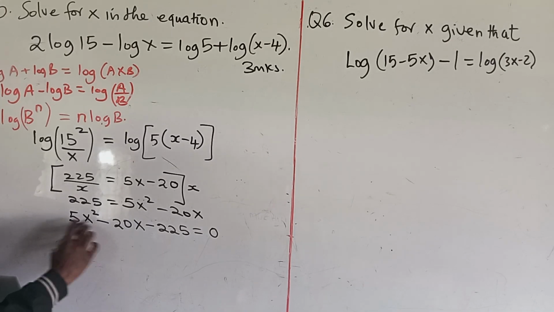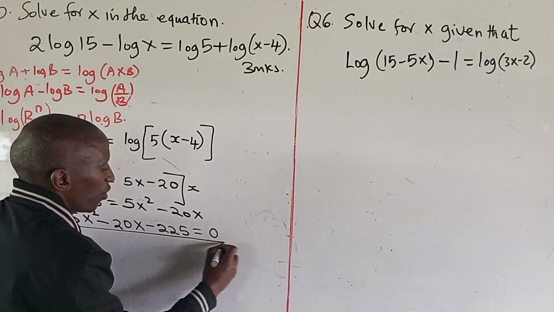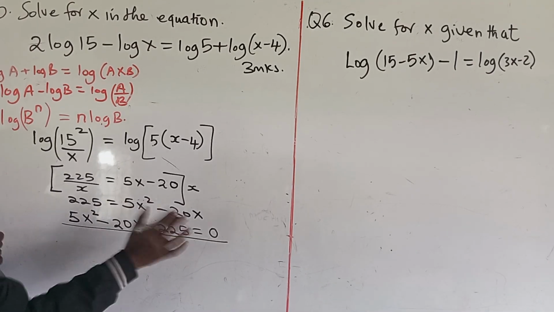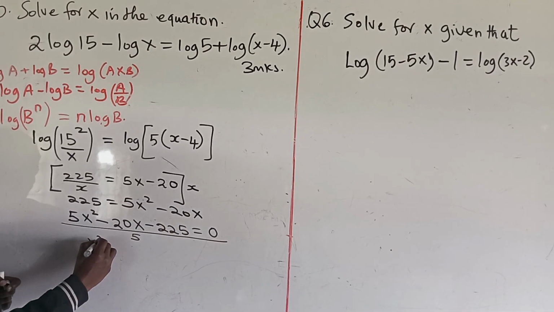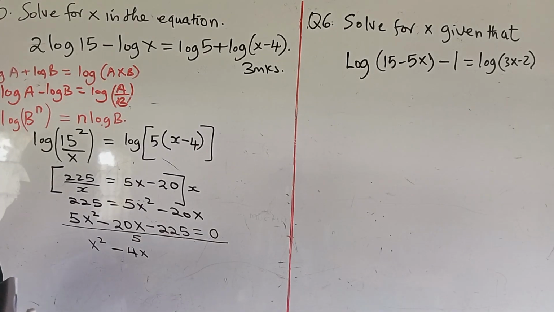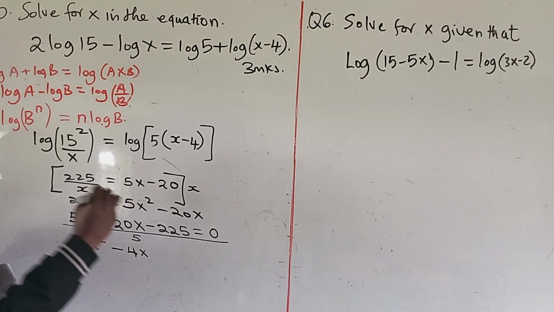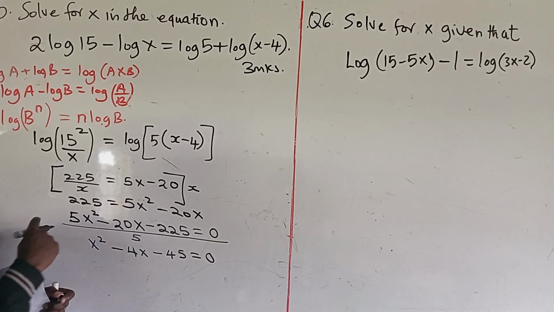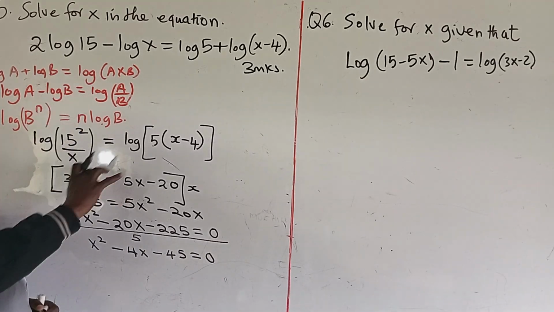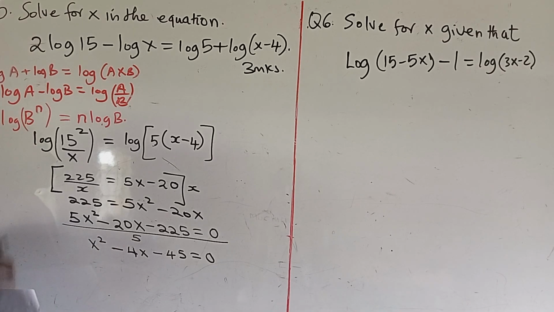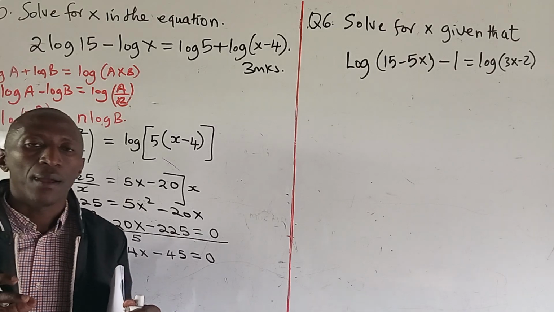At this point, we can reduce this equation by dividing throughout by 5, both right hand side and left hand side. So this comes to be x squared minus 4x, 225 divided by 5. Viewers, compute that from your calculator, and we get negative 45. That gives you 0. So the logarithmic equation now changes to a quadratic equation, which we are required to solve by the simplest approach possible.